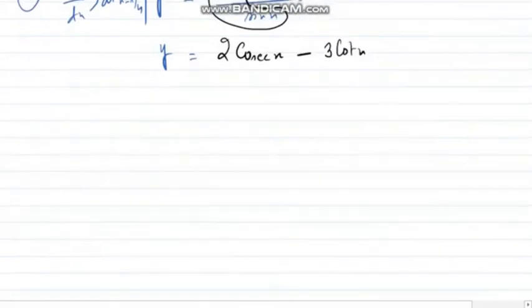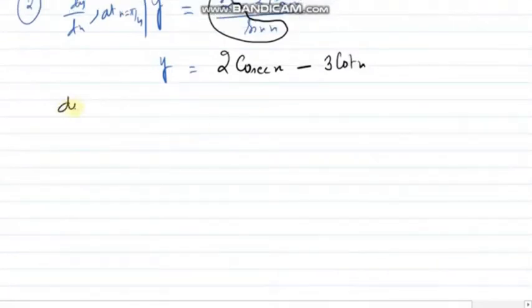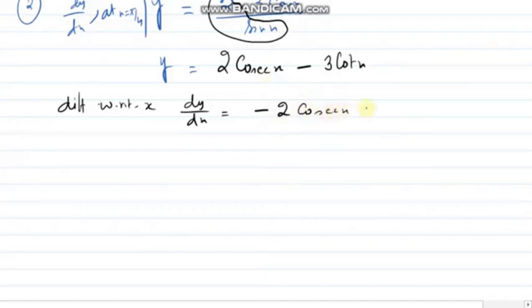So now if I differentiate with respect to x, my dy/dx will be minus 2 times d/dx of cosec x. d/dx of cosec x is minus cosec x cot x, right? Minus, and d/dx of cot x is minus cosec square x, so minus minus it will be plus, so 3 cosec square x.